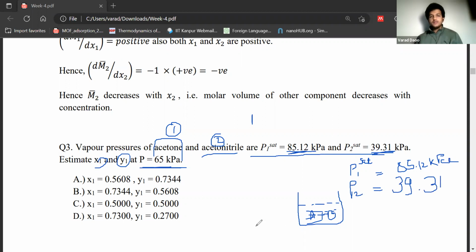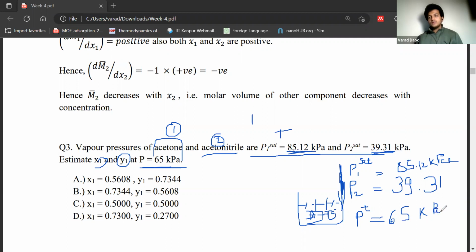Total pressure has also been given. So these three are different pressures, and these two are the saturation pressures at some temperature, and total pressure is the total pressure. When we combine the mixture, it will be exerting some pressure onto the walls of the container. So that pressure is 65 kilopascal.